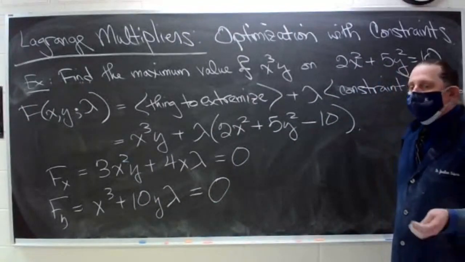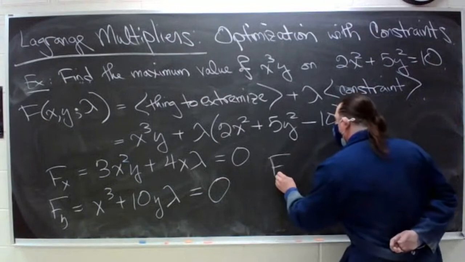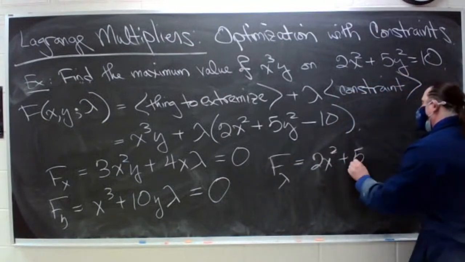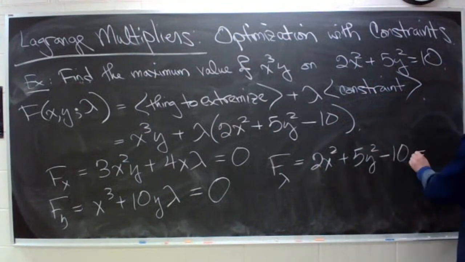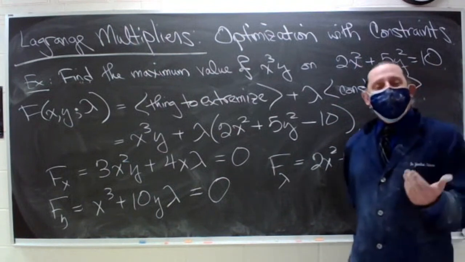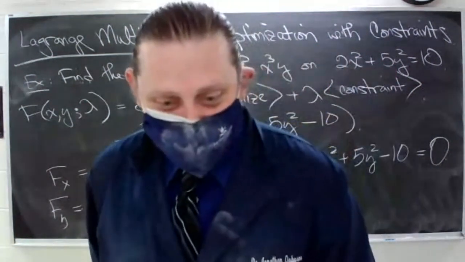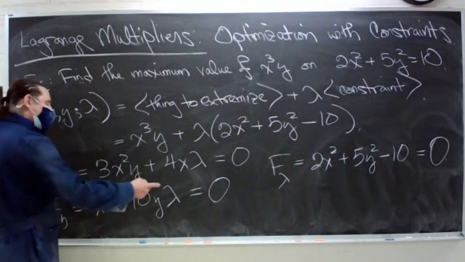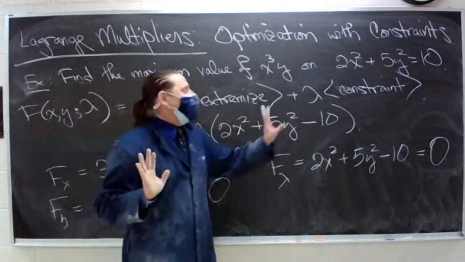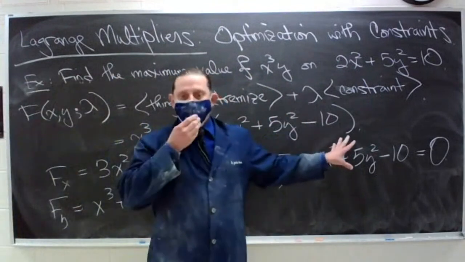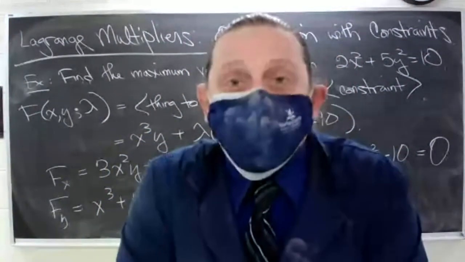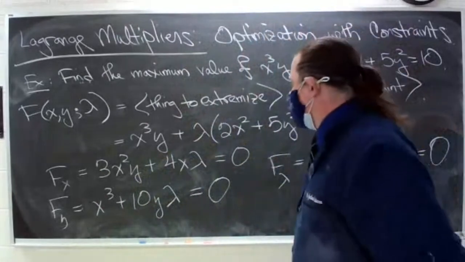All right? And then what about F_lambda? Hey, the lambda equation is the constraint. So what we're saying is, I want you to satisfy this equation, and by the way, also satisfy the constraint. All right? So it's a real, I don't know, convenient construction for us.